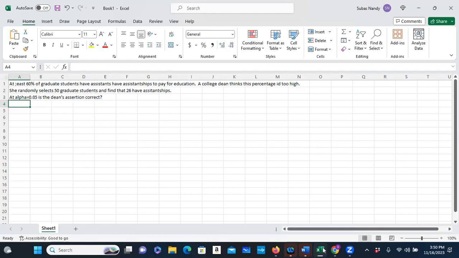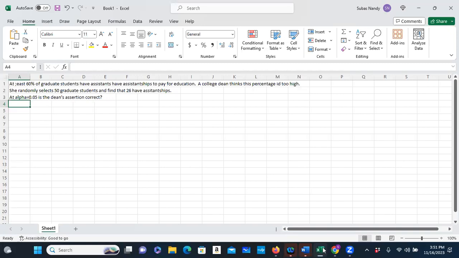Okay. It says at least 60% of graduate students have assistantships to pay for educations. A college dean thinks this percentage is too high. She randomly selects 50 graduate students and finds that 26 have assistantships.